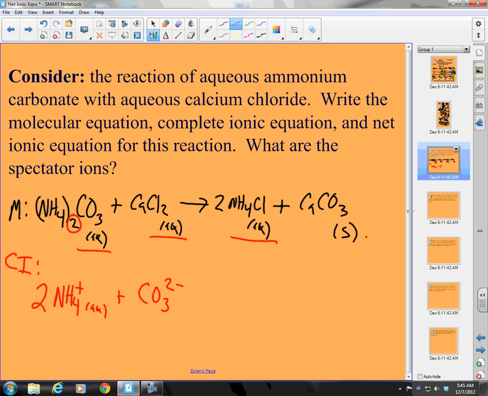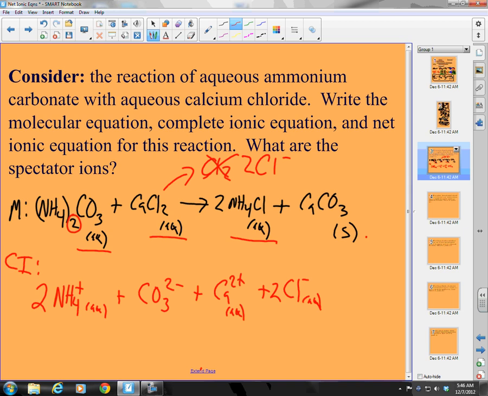So now I have 2 ammoniums that are reacting with 1 carbonate plus 1 calcium plus what? Now, what is my ion here? Is my ion Cl2? No. My ion is Cl, and how many of them do I have? I have 2 Cl's around my calcium. So I have 2 chlorides, aqueous.